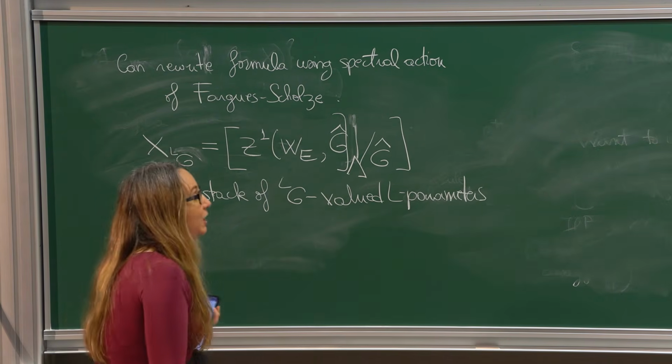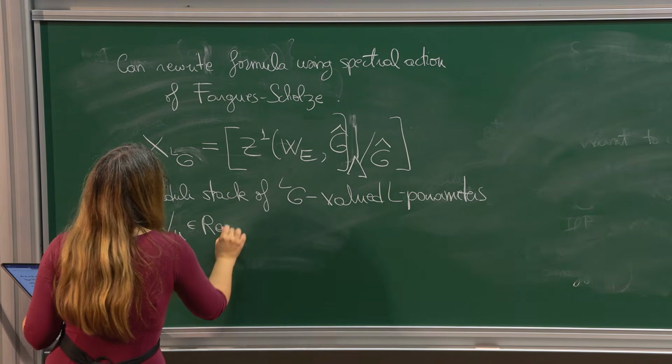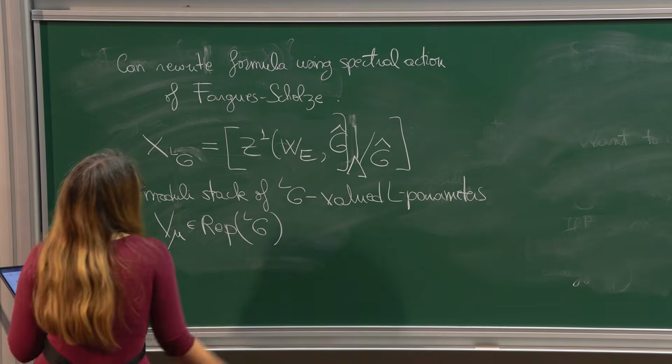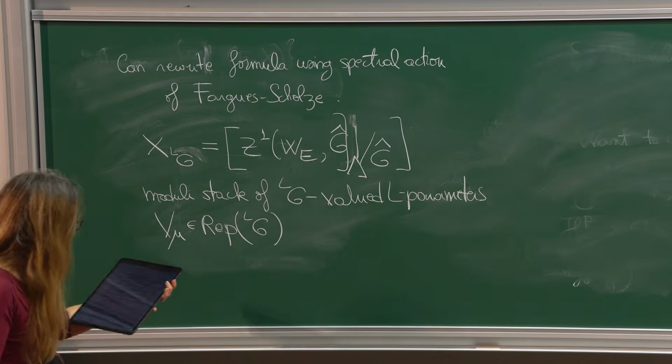This representation of the L group that I denoted by V mu, well, it gives you a vector bundle on the classifying stack of G hat.